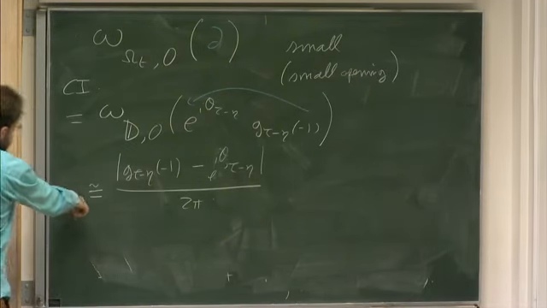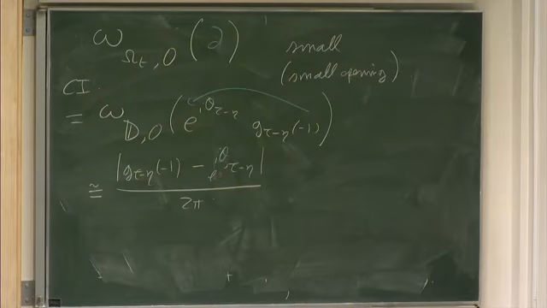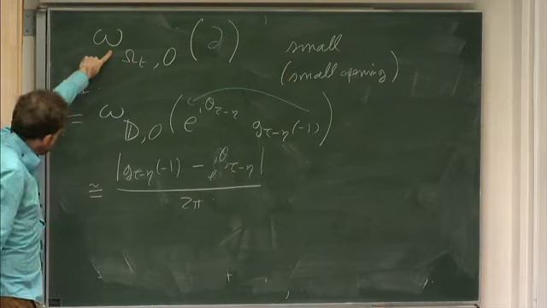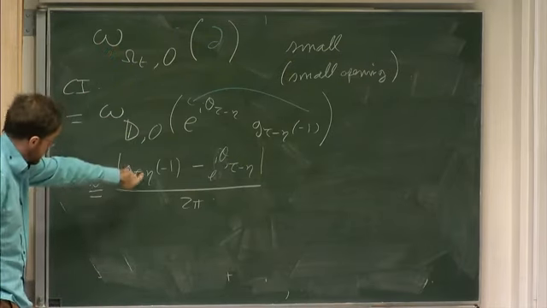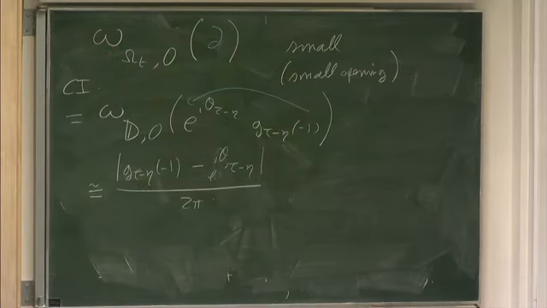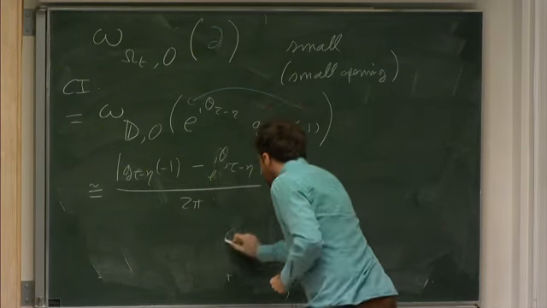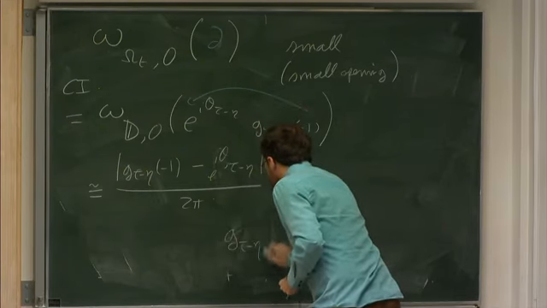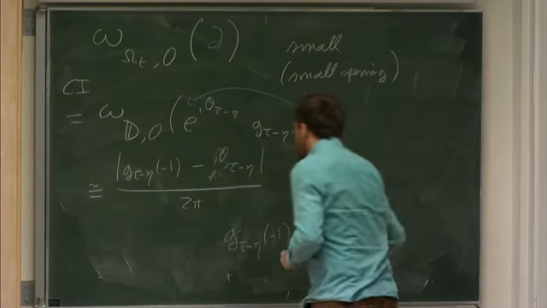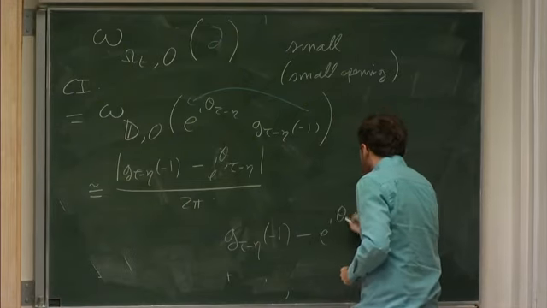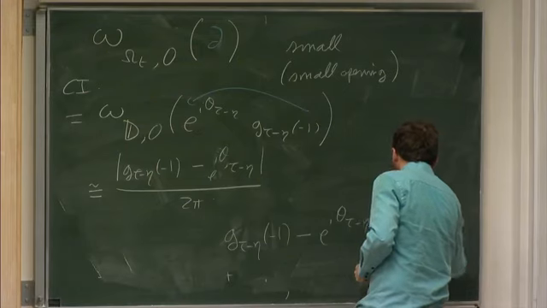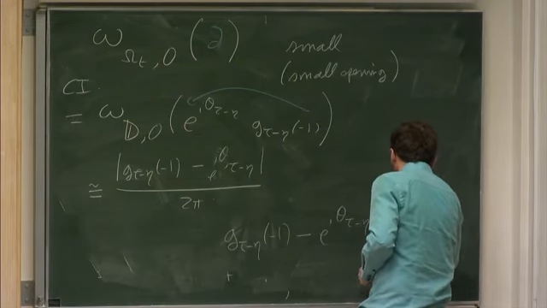This is because the harmonic measure is uniform, and this is almost a straight segment, so you can estimate it by the Euclidean distance. We know that this is small, it's equal to this. So in particular, g at tau minus eta of minus 1, minus e to the i theta at tau minus eta, goes to 0 as eta goes to 0.